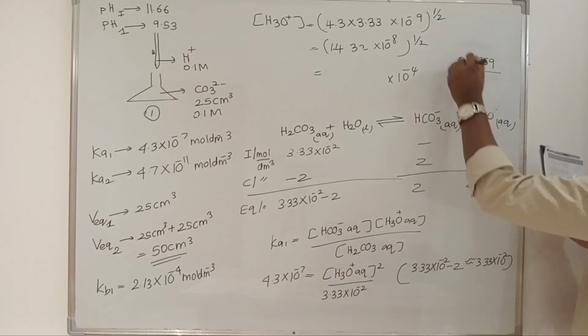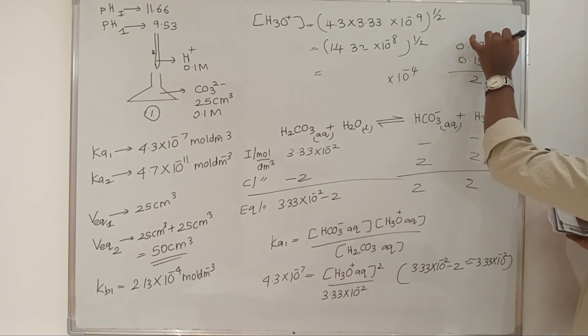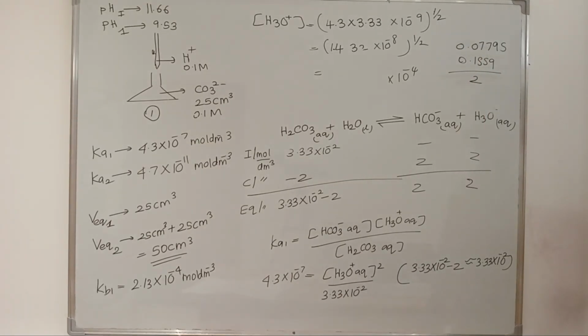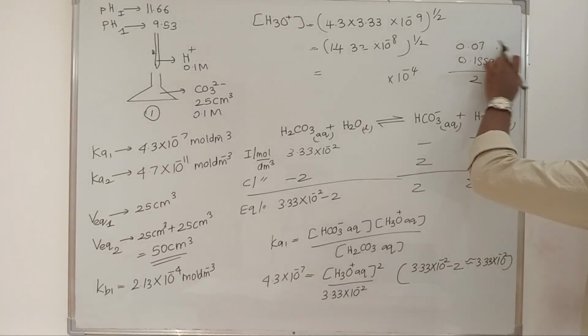If I take half of it, it is 0.07795, that is 0.7795, which I can take as 0.780.